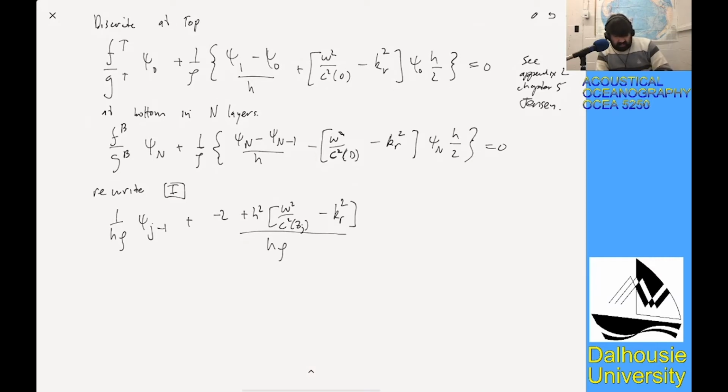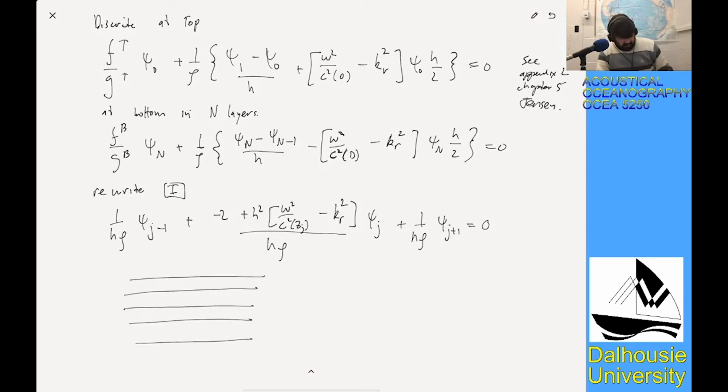And then we're going to have 1 over h rho psi j plus 1 equals 0. And so basically the idea now is that you can imagine we have our layered waveguide, with j minus 1, j plus 1, j plus 2, etc.